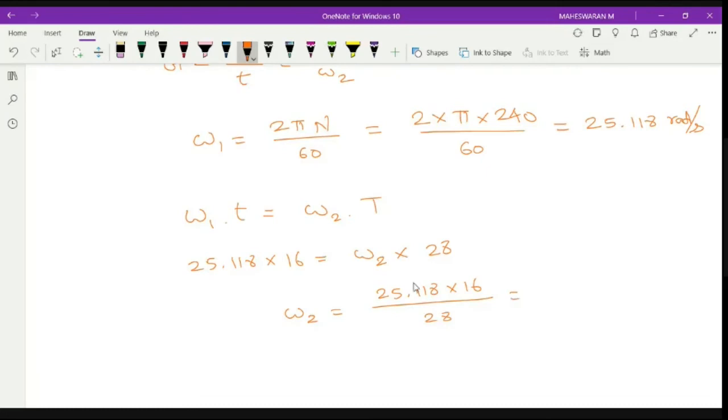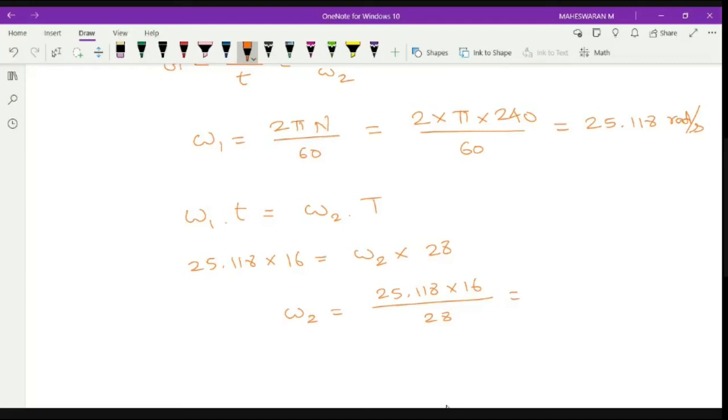Can you guess whether it will be greater or less than omega 1? Which one will rotate more, the smaller wheel or the bigger wheel?